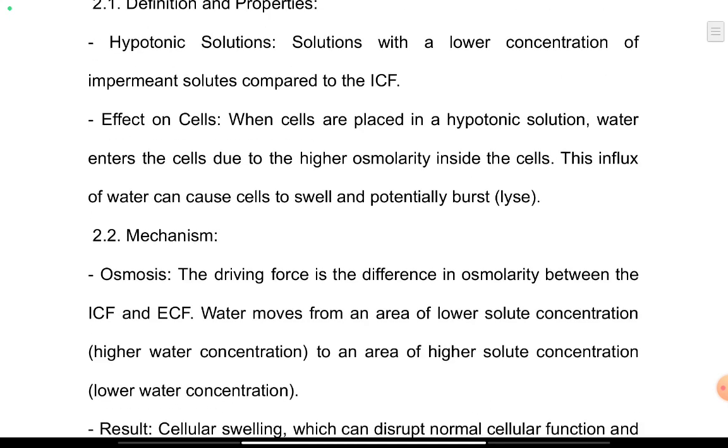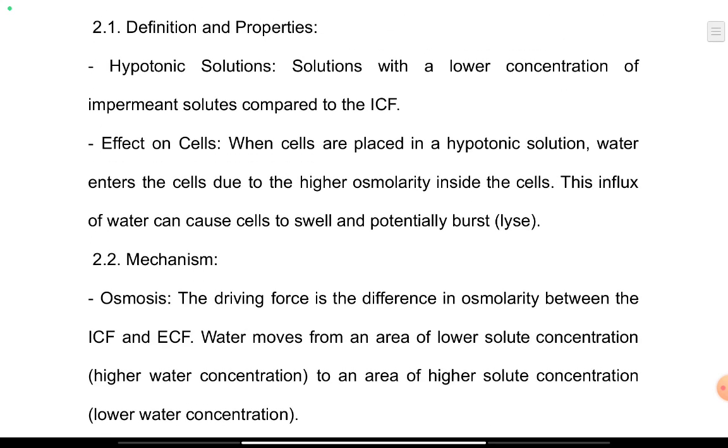So we have talked about the effect on cells, which is for the hypotonic solution, the effect on the cell is what it causes. Hypotonic solution actually goes into the cell, because osmolality inside the cell is about 286, while for hypotonic solution it will be lesser than 250 or 200 thereabout. So what do you expect from your osmosis?